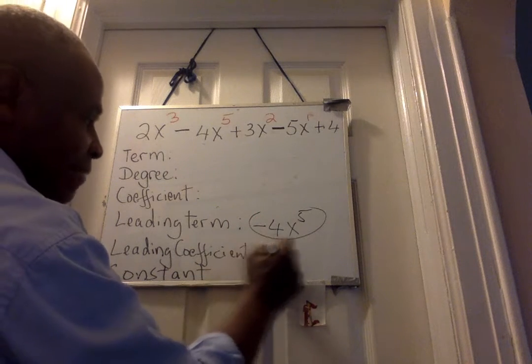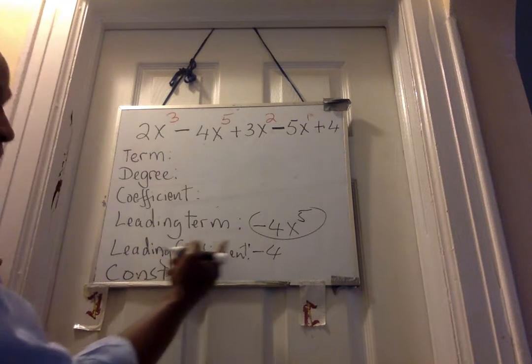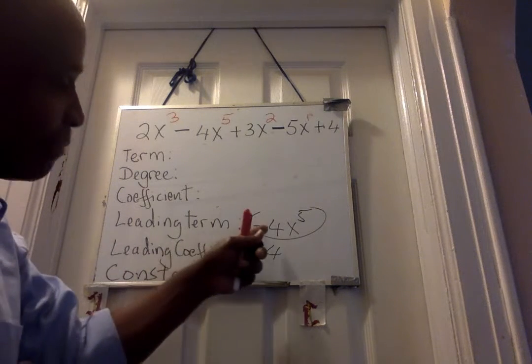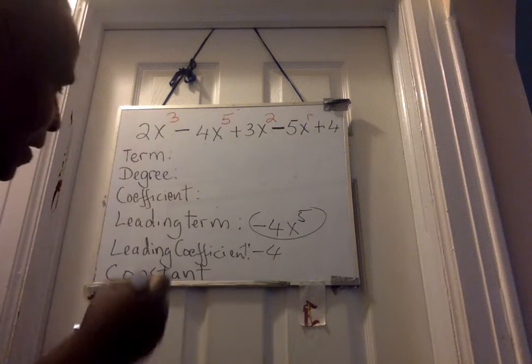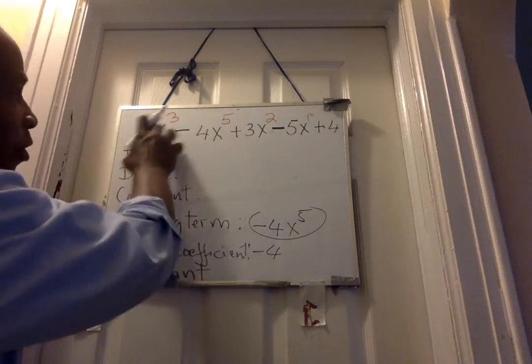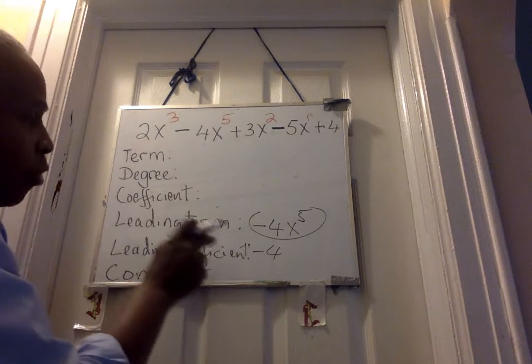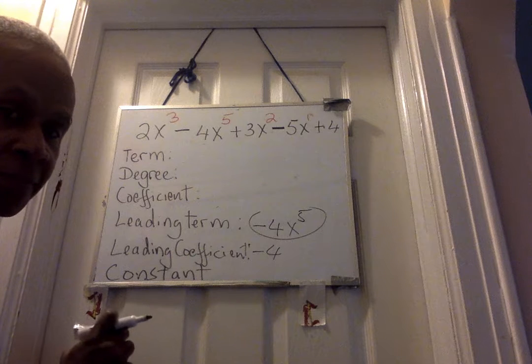So that would be negative 4. The leading coefficient is negative 4 because it's situated in front of the variable with the highest exponent. The leading term is the term which has the highest exponent, but the leading coefficient is the number in front of the leading term.